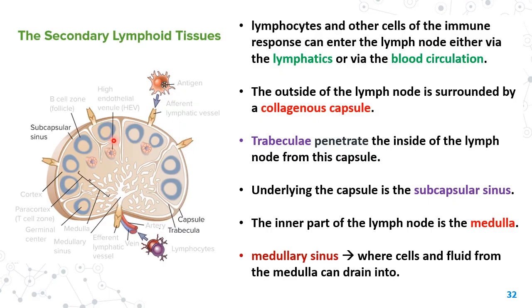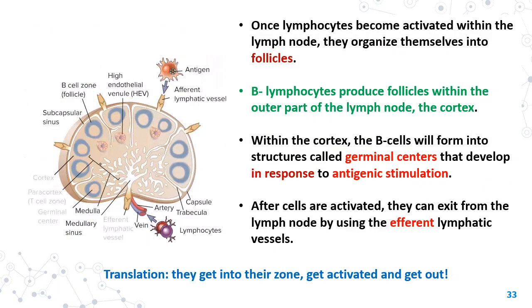Trabecula. All right. We talk about the subcapsular sinus and the medullary sinus; we have it in there. We talk about where the B cells are, and they are in your follicles in the cortex. Once the B cells see the antigen, you start getting your germinal center.